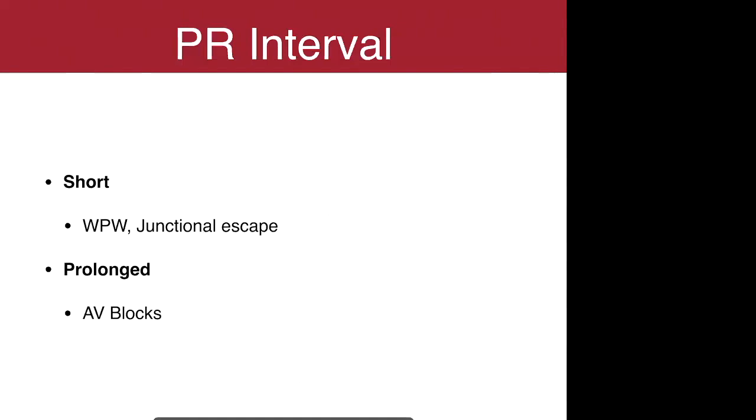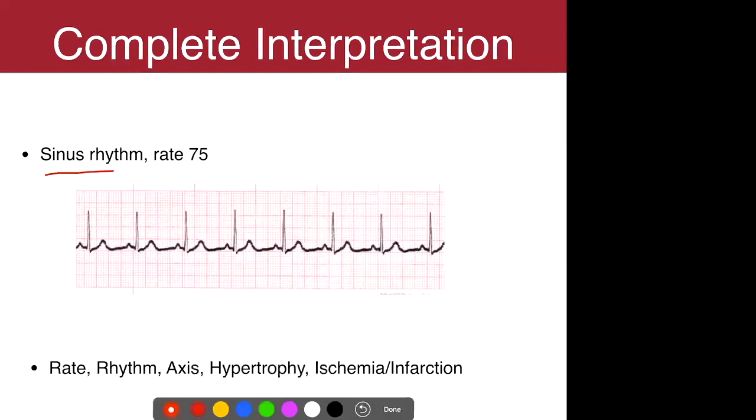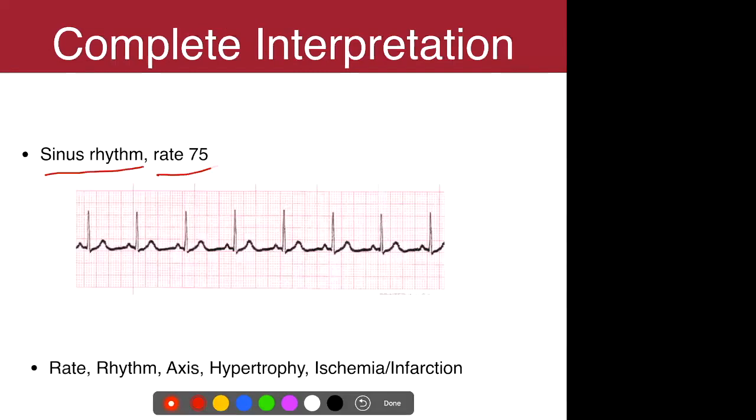By the end of this course, what I would love for you to be able to do when you look at an EKG, especially a 12-lead EKG, is give a complete interpretation. Right now, all we're really focusing on is naming the rhythm and a rate. So your complete interpretation at this point would be as simple as just naming the rhythm and the rate like this. If there's some ectopy there, then you can say the occasional PACs, which there's not here, but then you would add things like that, or you could say maybe the patient had WPW.